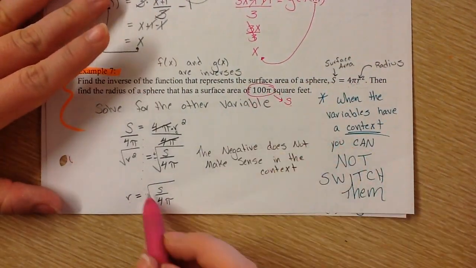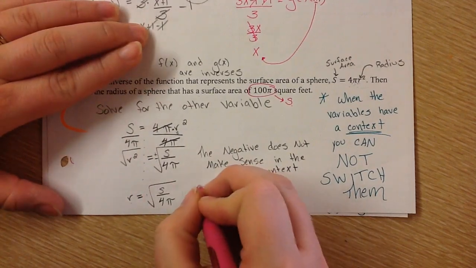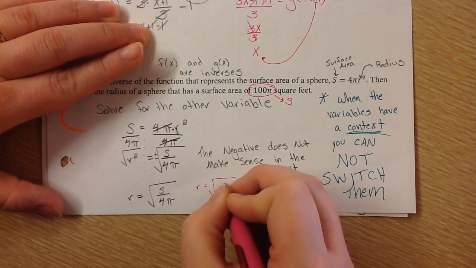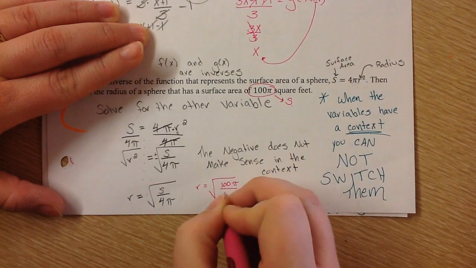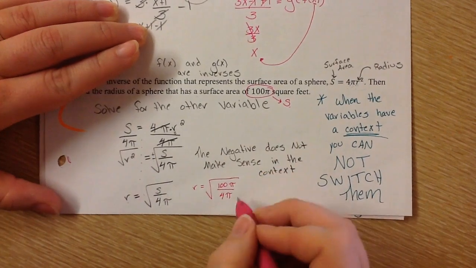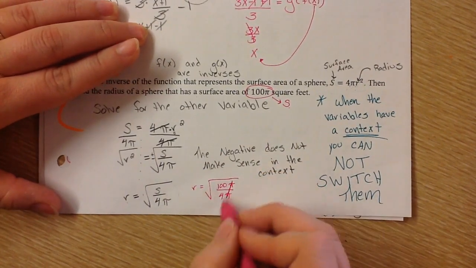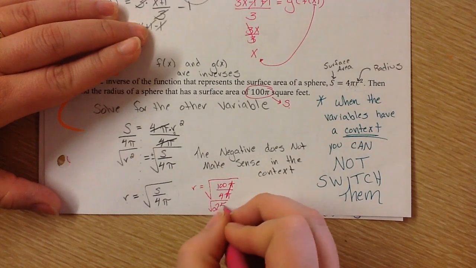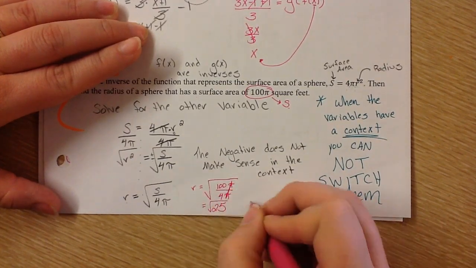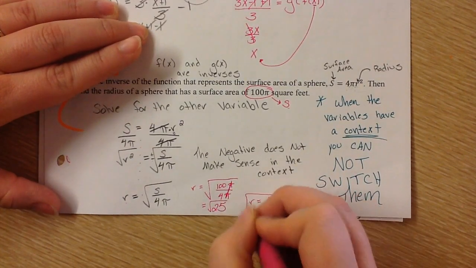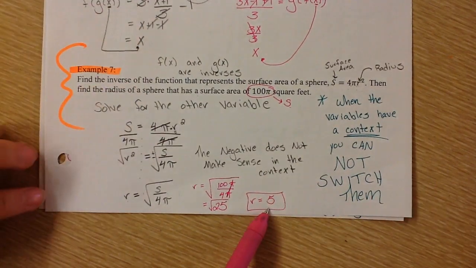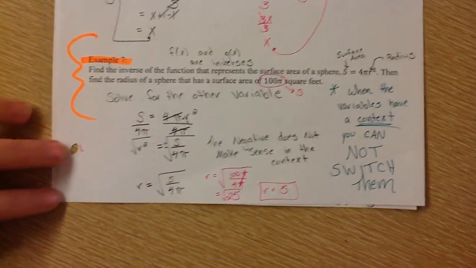So now all I need to do is plug it in for s. r equals the square root of 100 pi divided by 4 pi. Well, the pi's divide out to 1. 100 divided by 4 is 25. The square root of 25, so r equals 5. So the radius is 5 if the surface area is 100 pi square feet.